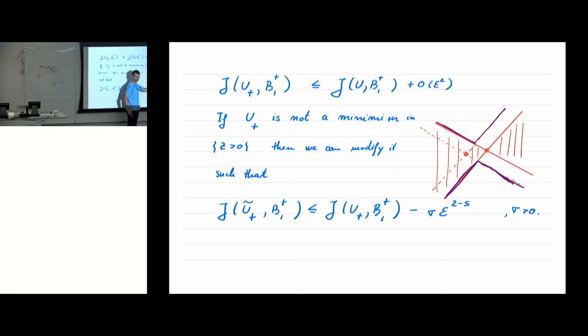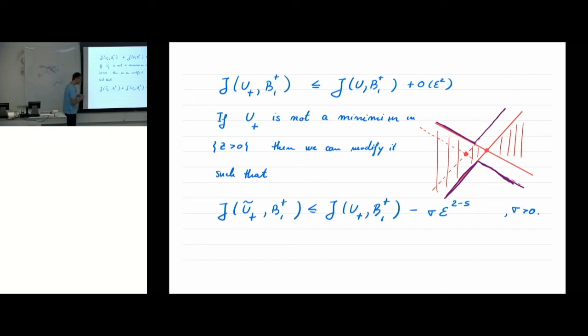If I go to dimension 3, I wouldn't get the contradiction, because when I lower the energy locally in a ball of radius epsilon around the crossing points, I would only lower the energy by epsilon to the 3 minus s. I wouldn't necessarily get below the energy of U. So this looks like a funny argument.